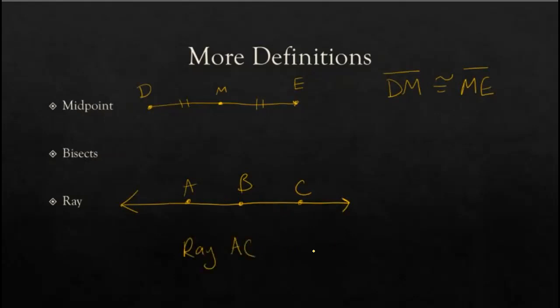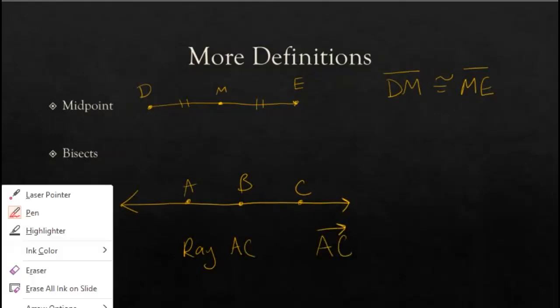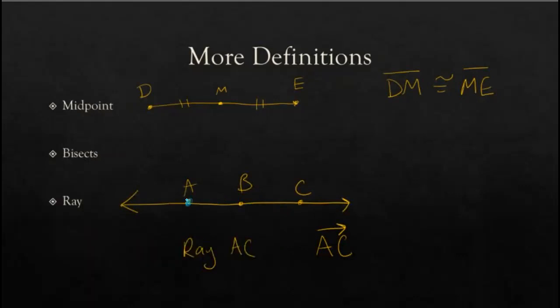I would write it this way. It means that the ray AC is actually only a part of this. It's from here going to the right forever. So it has an endpoint A, and then it goes on forever in the direction of C.